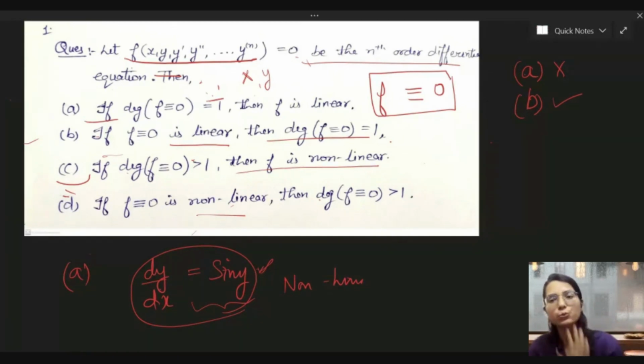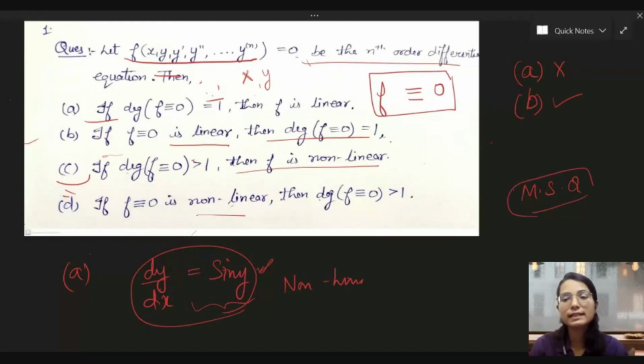Now let me tell you that this question is a multiple select type question, MSQ type. These days, each and every exam has these multiple select type questions. So if you want to attempt these kinds of questions, you need to be very careful. More than one option can be correct, and there's no partial marking.